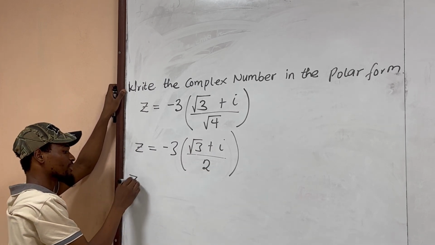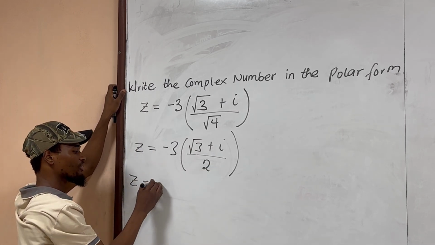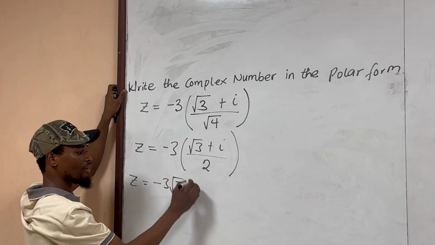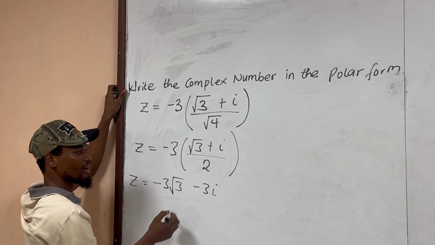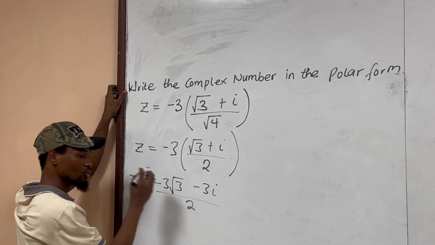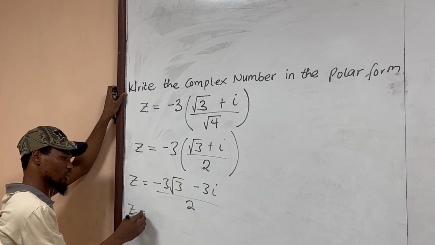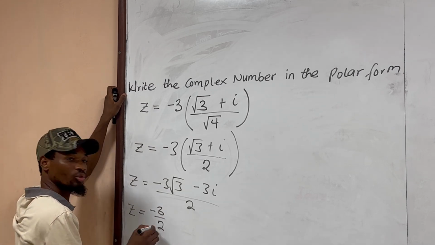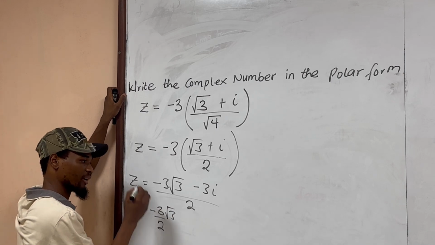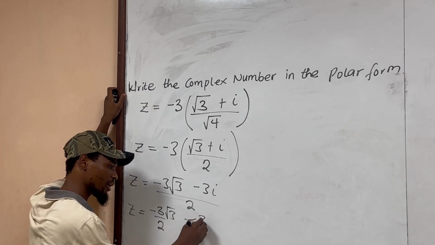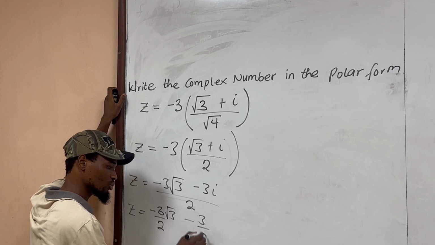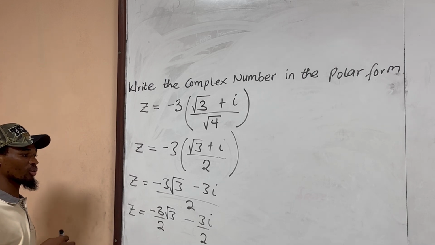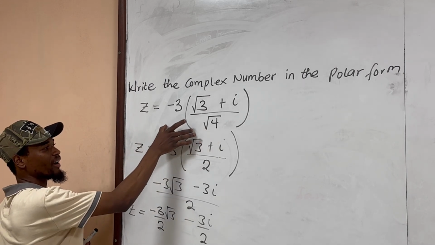So I have z is equal to half negative 3 root 3, then negative 3i all on 2. So z is equal to negative 3 on 2 root 3, then minus 3 over 2, then I have my i over here. You just simplify this.